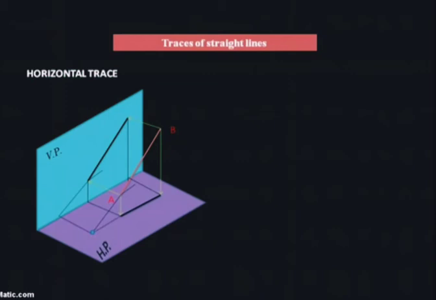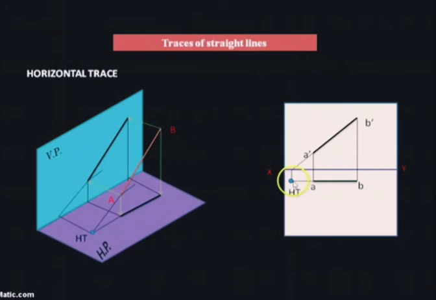When you rotate the horizontal plane exactly straight to the vertical plane, we automatically get the projections of the straight line as well as the horizontal trace. I am naming it the horizontal trace. After rotating, we get the horizontal trace on the horizontal plane, that is, below the xy reference line in this case.